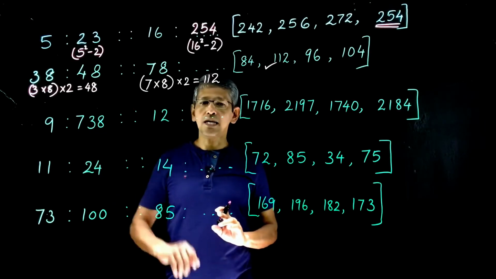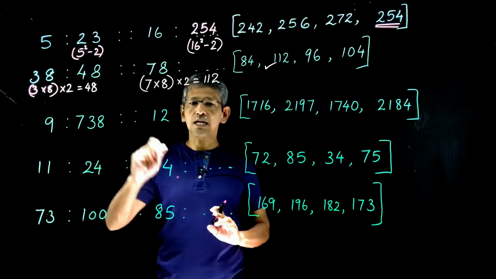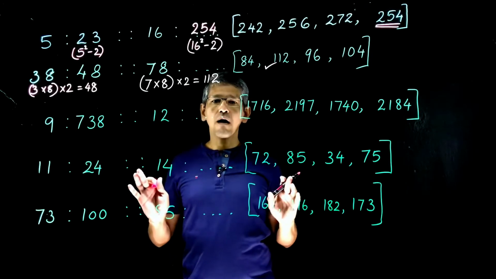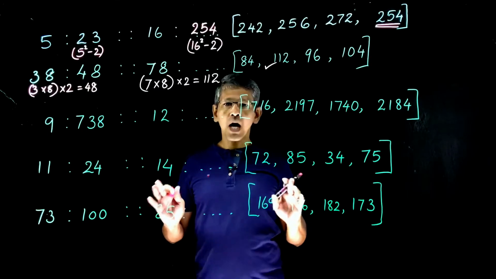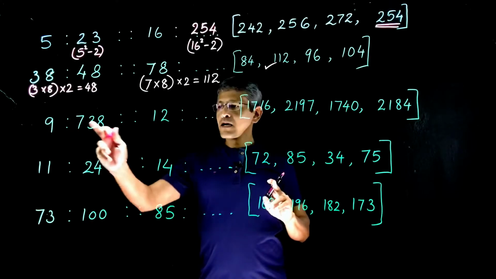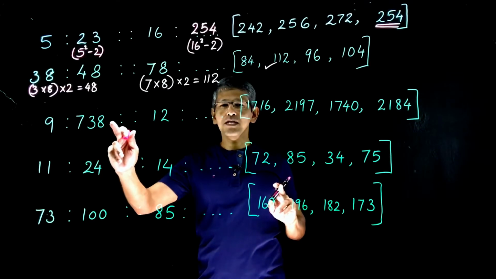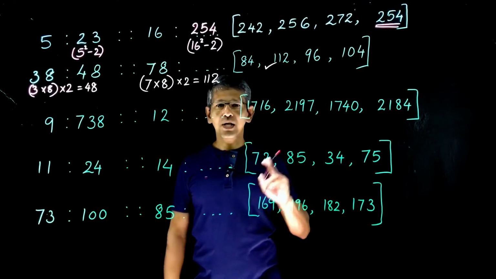9 and 738. What's the connection there? Well, at a glance, if you are aware of the cubes of numbers, you can see 9 and what? 9 cube is 729. So 9 and 9 cube.